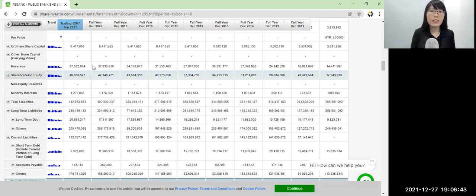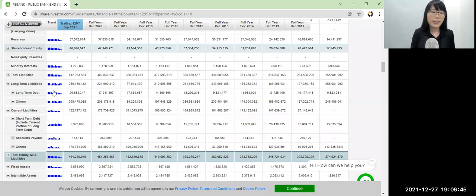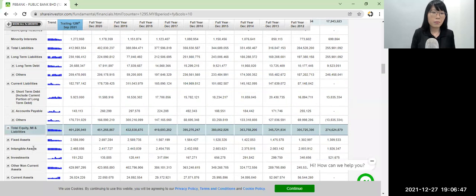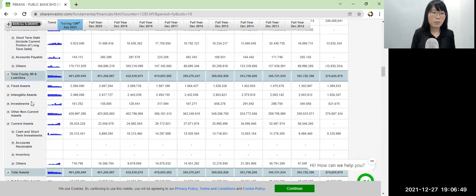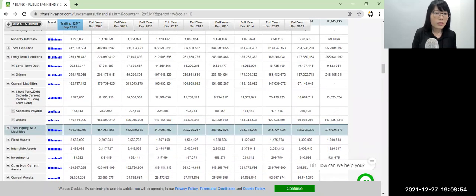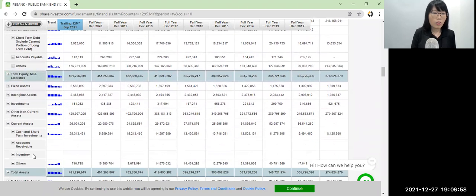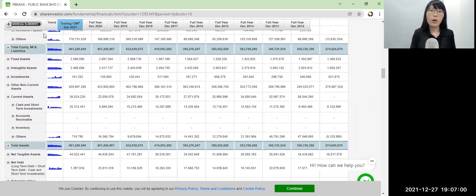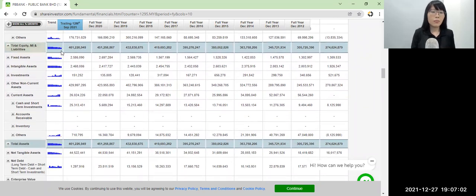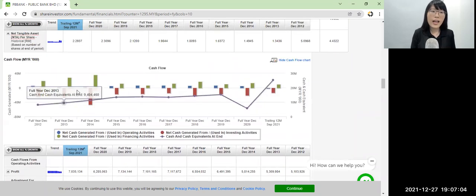When you scroll down again, you can see the total liabilities of the company. Okay, total equity and liabilities, total assets, and so on. And this is the cash flow statement of the company.